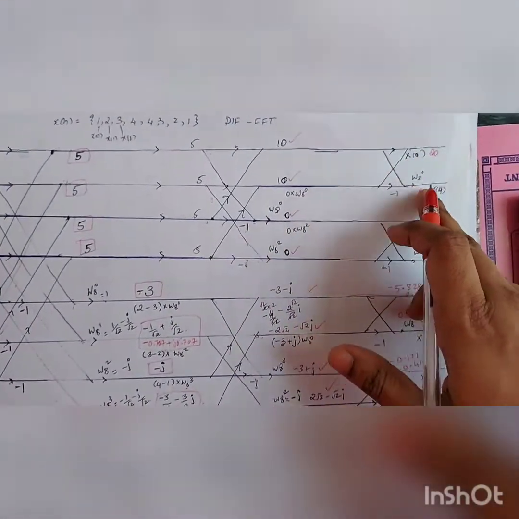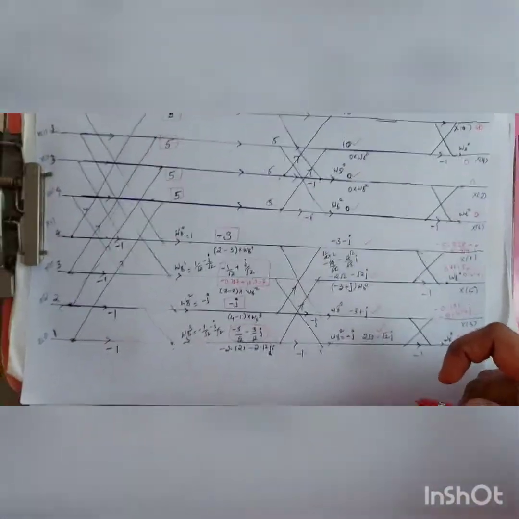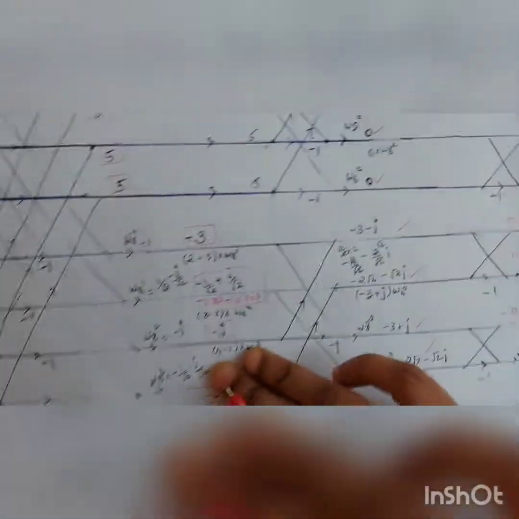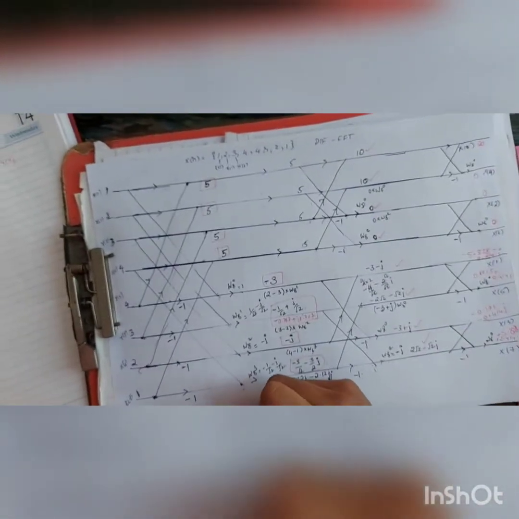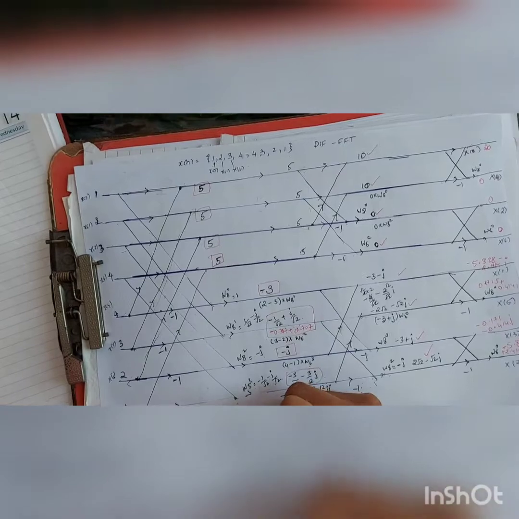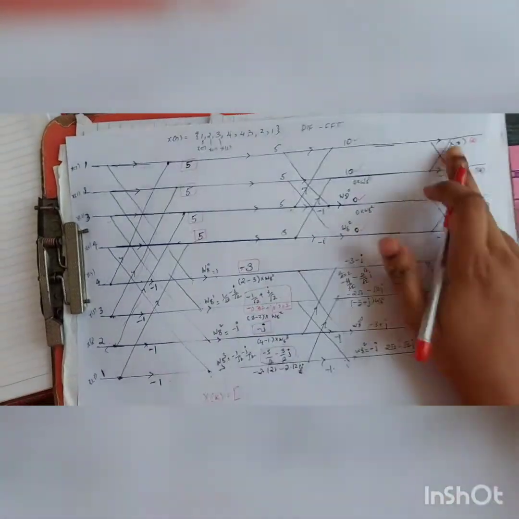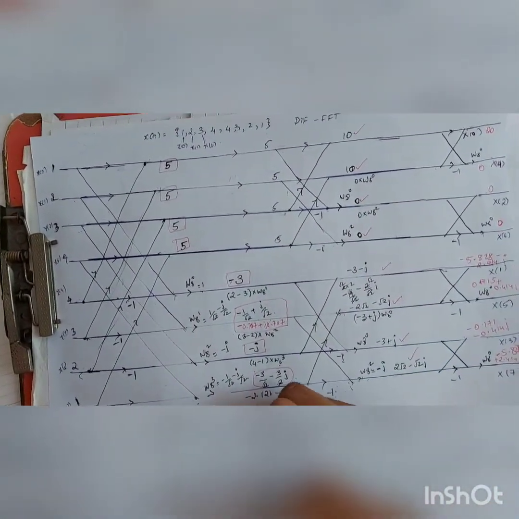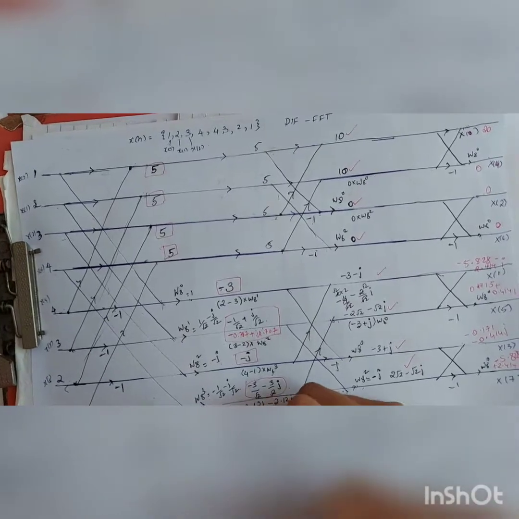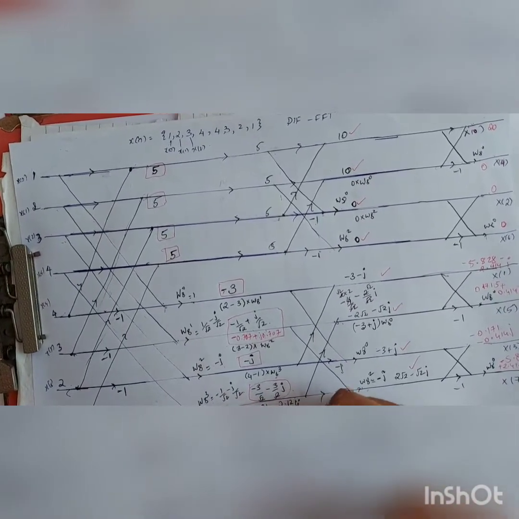You have x of 0, x of 4 and so on. Now you reshuffle this. When you write it in the proper order, you can see x of k, let me write x of k. X of 0 is 20, x of 1 is minus 5.828 minus 2.414j.